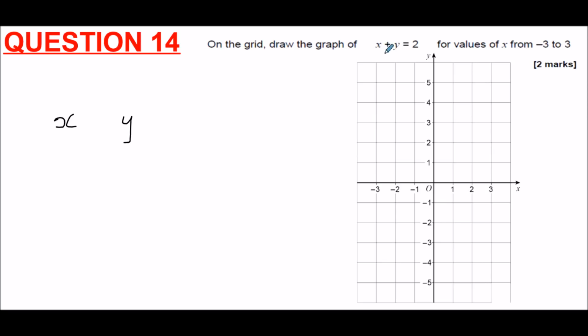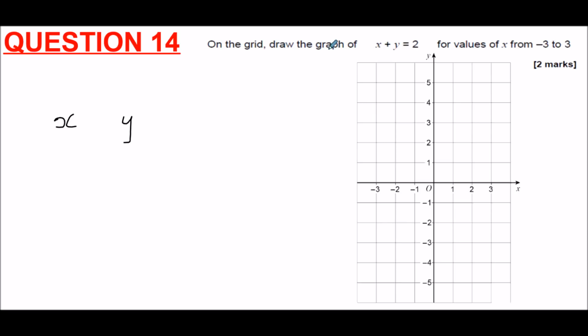The only criteria we need is whatever x is and whatever y is, it's got to add up to 2. And so all we need for a straight line graph, by the way, this will be a straight line graph because it's got no x squareds and no y squareds in it. All you need for a straight line graph is 2 points really. 2 points, a straight line through them, and you're done.